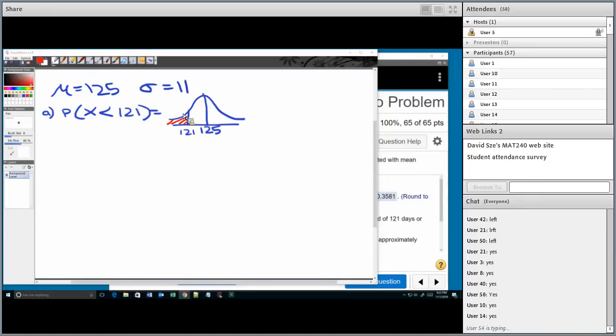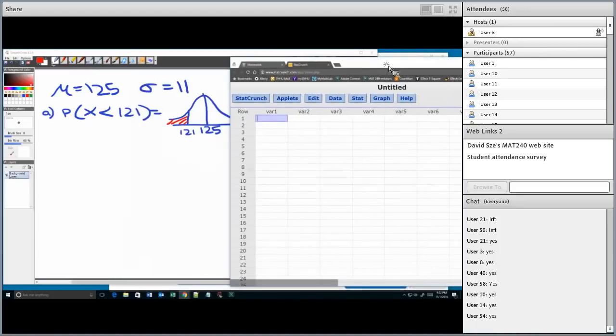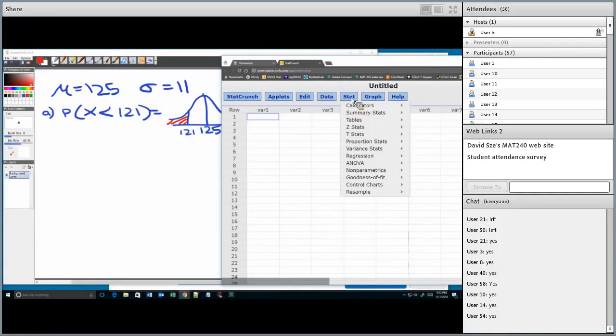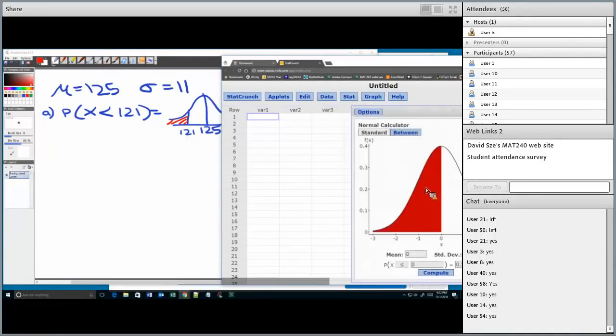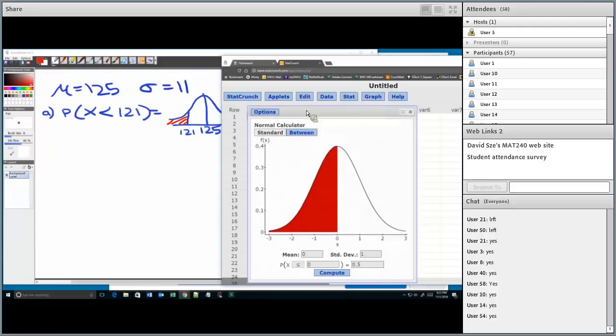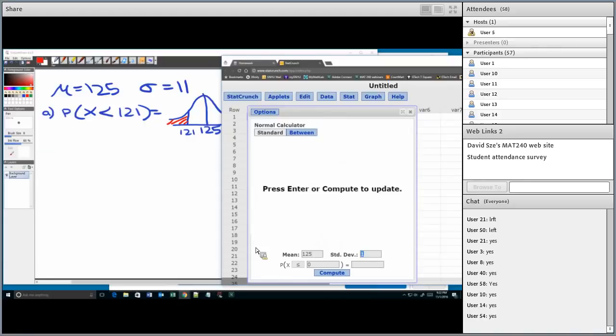Okay. So let's do this. Just like yesterday, I'm going to go to Stat, Calculator, and Normal. So I'm going to use the normal calculator. My mean is 125. Standard deviation is 11. And I want area less than 121.